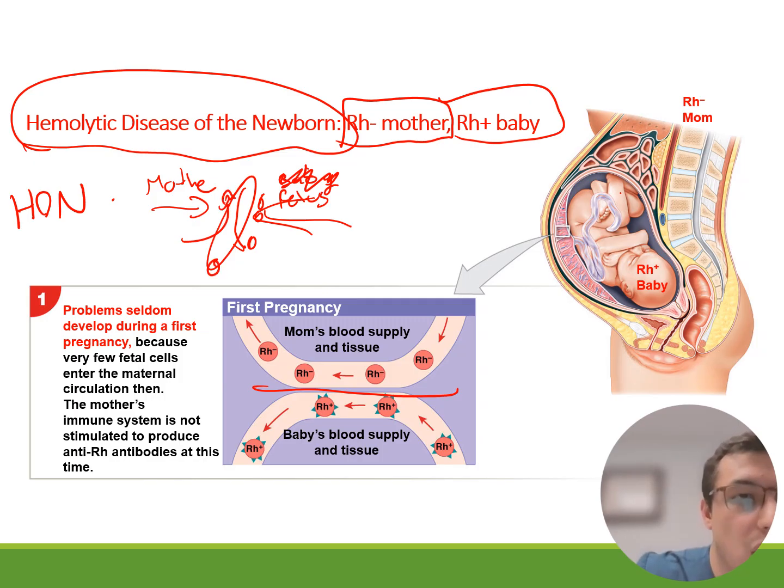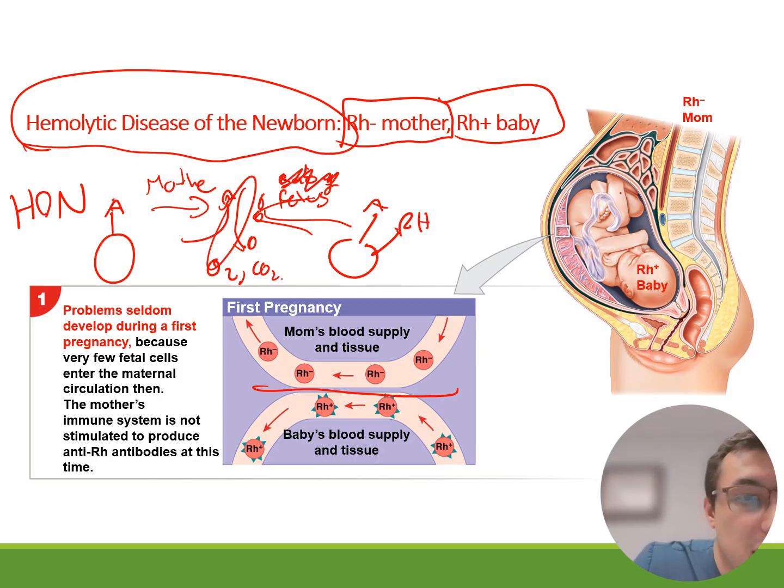So there is just oxygen and gas exchange, oxygen and CO2. But the actual red blood cells don't cross. So the mother during this placenta bilayer doesn't really get exposed to the red blood cells with Rh. This baby will have, let's say for instance, A and Rh, and the mother will have just A.